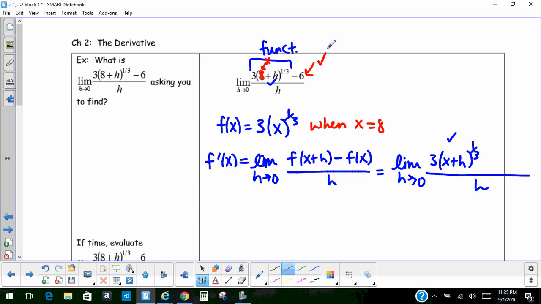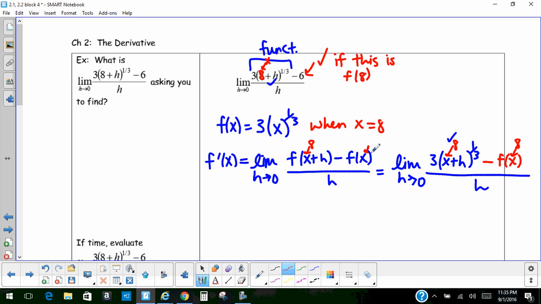So then I need to check if this is f of 8, because this last part tells me I'm supposed to do minus f of x. Then I'm going to go back and I'm going to replace all the x's with 8, hopefully.